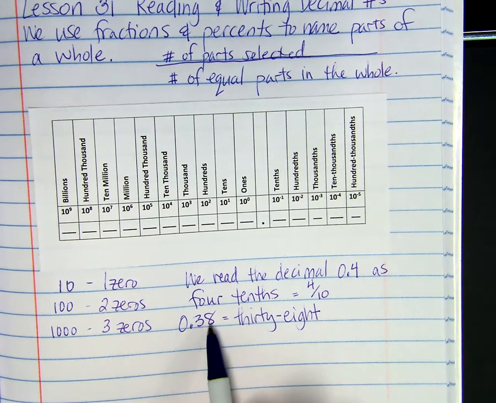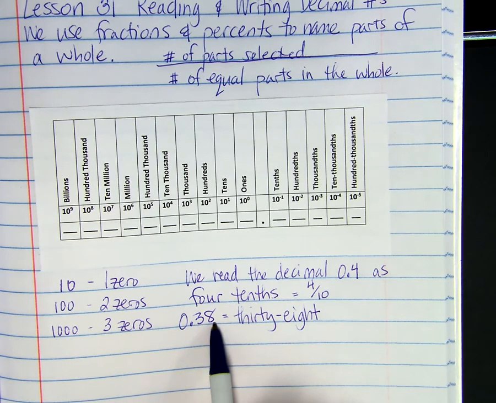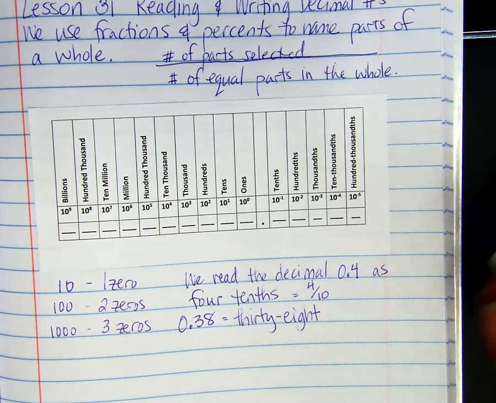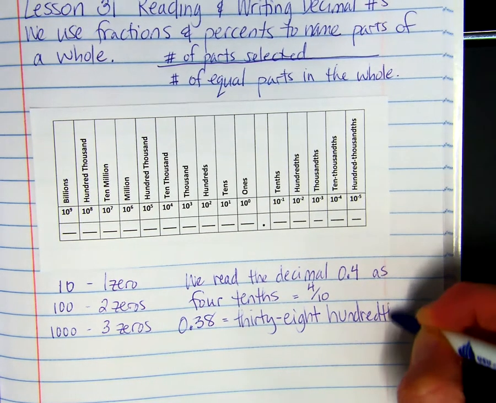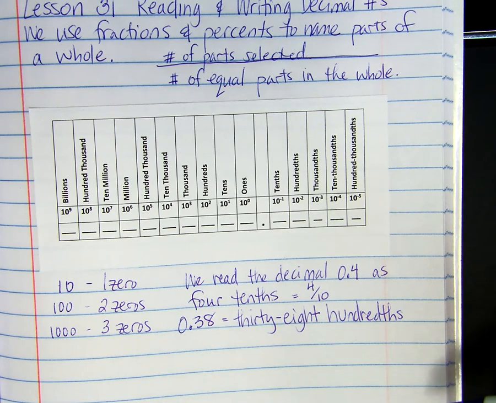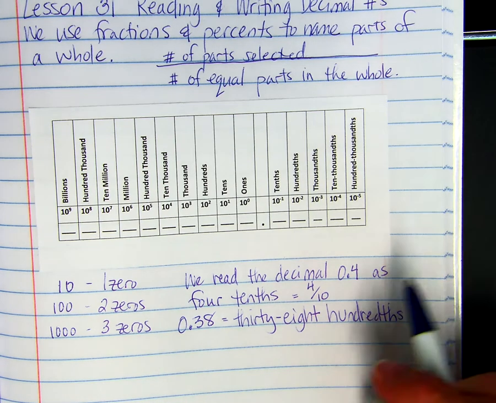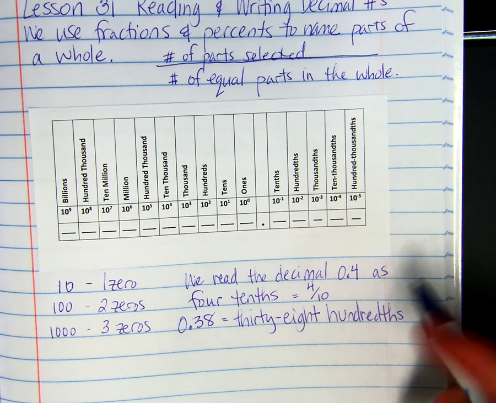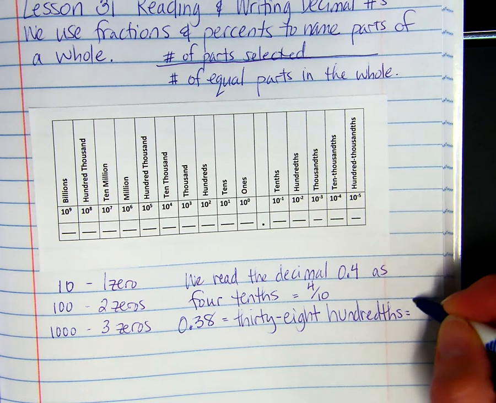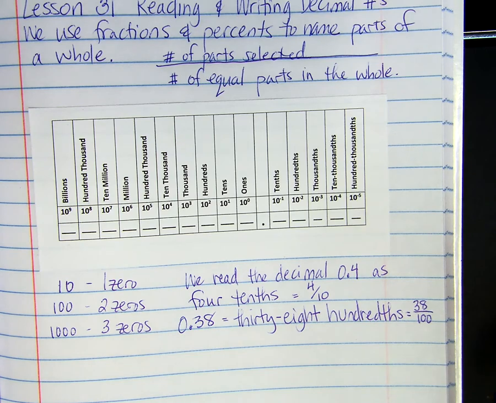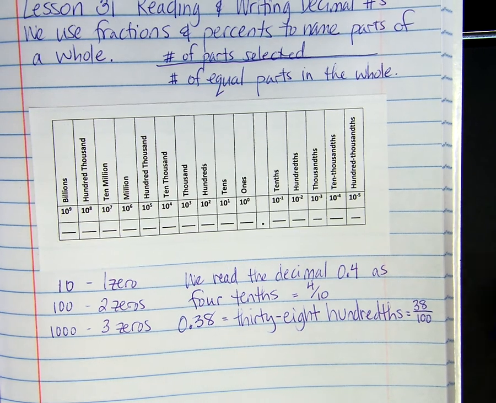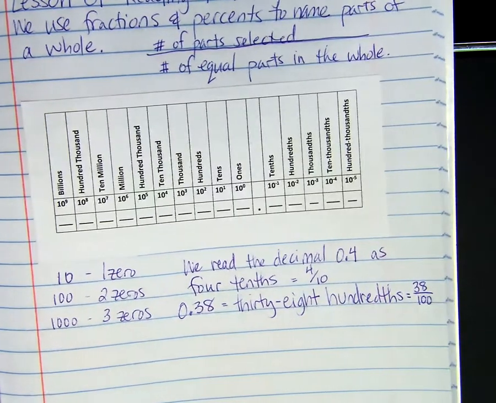And then if you look at how far over it goes, which is 2 place values, so it's going to be hundredths, with the THS, hundredths. And we could write that as 38 over 100 as a fraction. And normally we would reduce that.